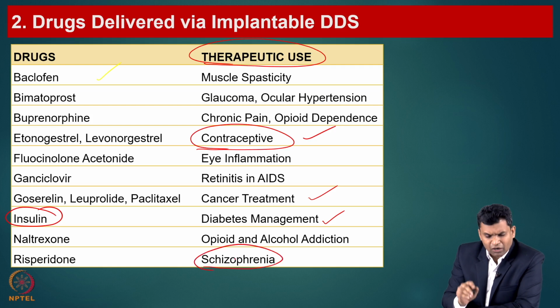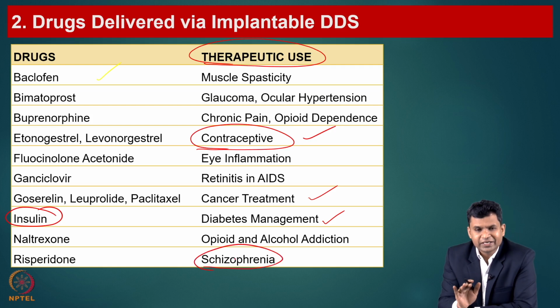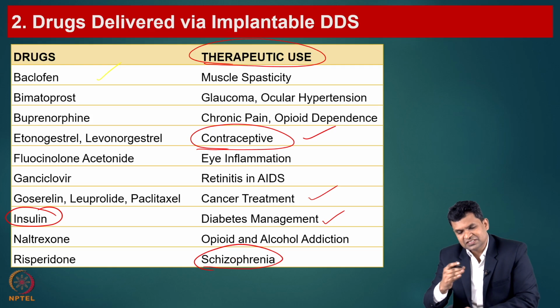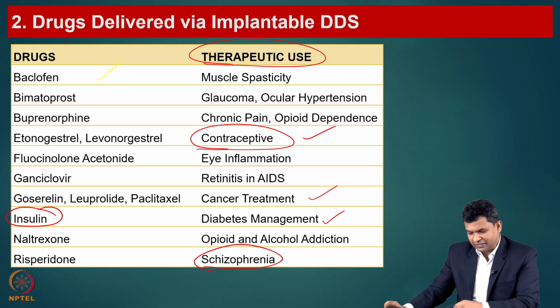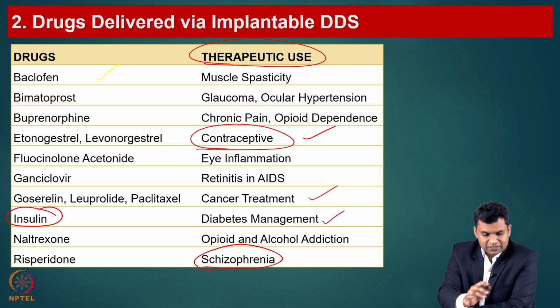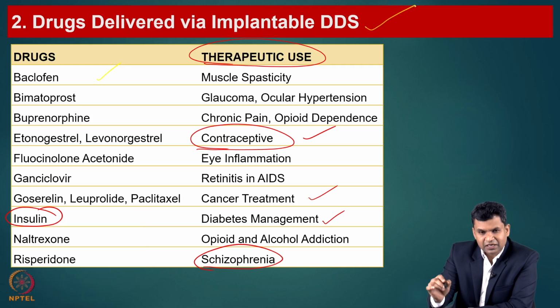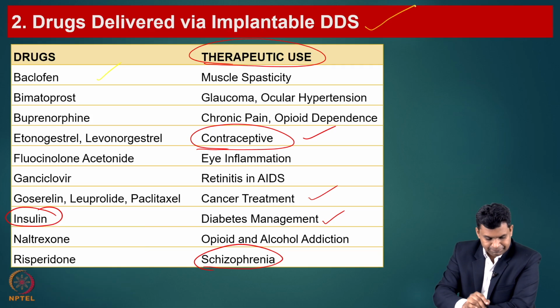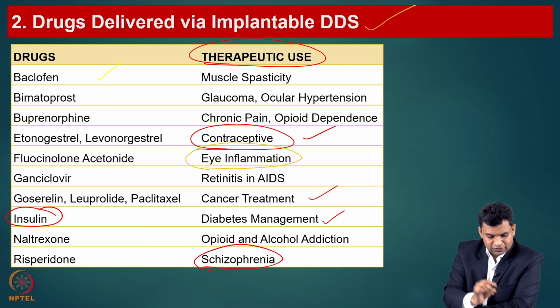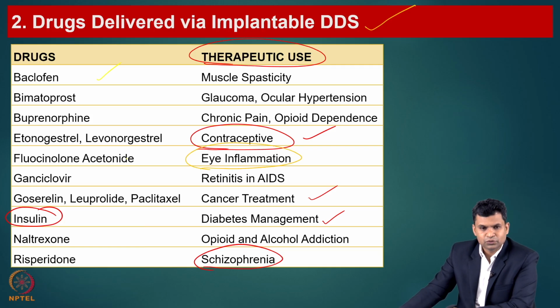These are all chronic diseases which the patient will suffer from for years. In such cases the implantable devices are preferable compared with conventional systems. Even in eye inflammation we can use various molecules.